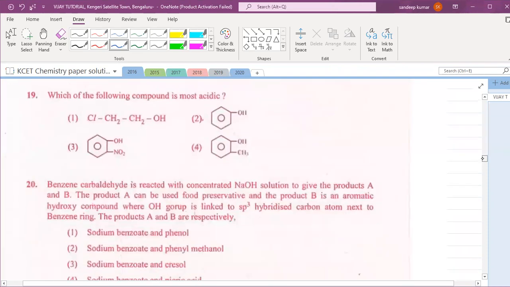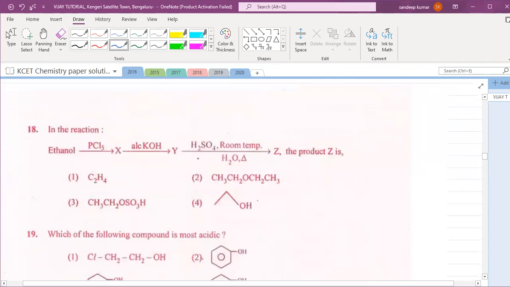Next question, question number 18. In the reaction, ethanol in the presence of PCl5 gives X, and X is nothing but a haloalkane. In alcoholic KOH it gives Y, and when it is passed through H2SO4 at room temperature, Z is formed. So what is Z? This is also a good question. The correct option is ethanol only.